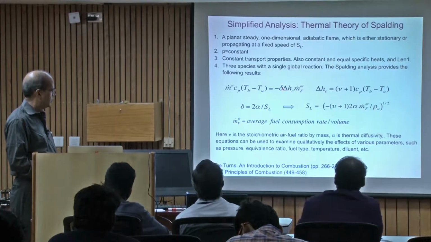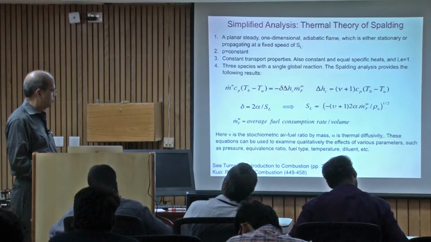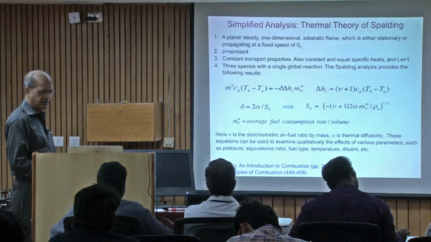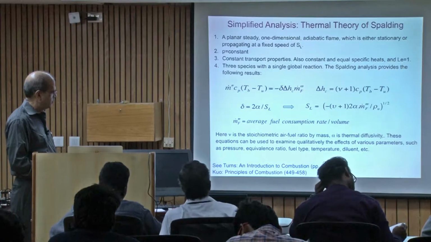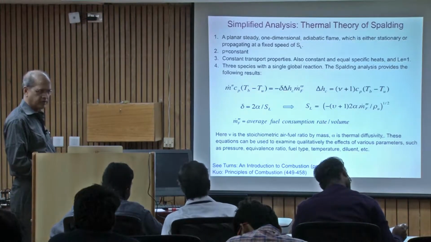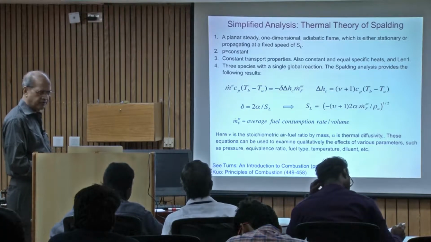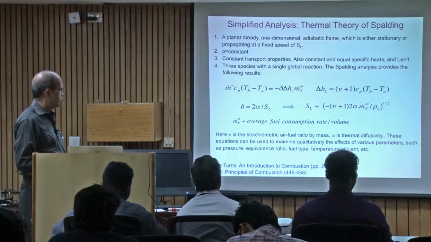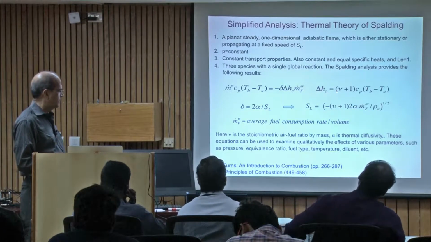So this gives you per unit area, because this is per unit volume and you multiply by a length, so everything is per unit area here, because this is mass flow rate per unit area. So anyway, we got this equation, and this is just from the thermal energy balance.